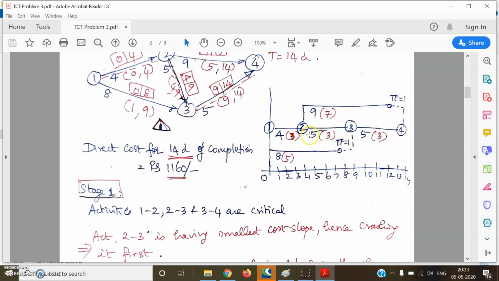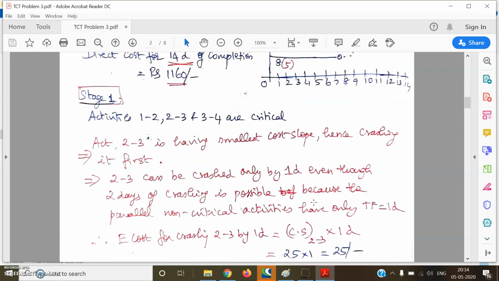So, even though 2 days of crashing is possible for 2, 3, we cannot crash by 2 days at one stroke, because each of the parallel non-critical activities has only 1 day of total float. Therefore, we will crash 2, 3 by just 1 day, so that these 2 non-critical activities will lose their total float and become critical. That is what we are going to do in the first stage of crashing.